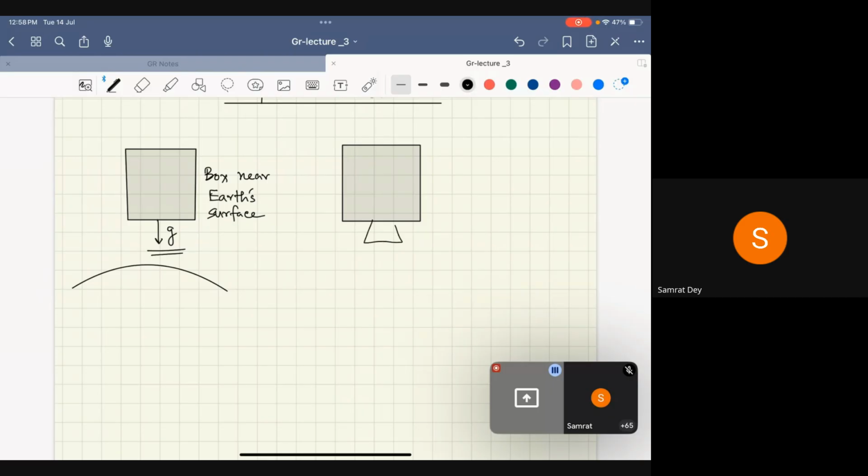And the same box is taken into interstellar space where there is no gravity, but the box is moving upwards with an acceleration equal to the acceleration due to gravity on the surface of the earth. The important thing is that mechanical experiments involving gravity will yield identical results in both these scenarios. And this is your equivalence principle.